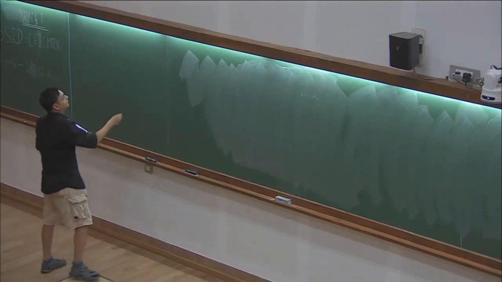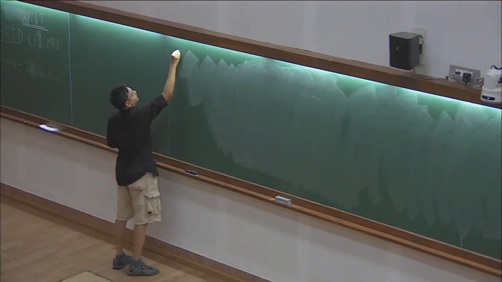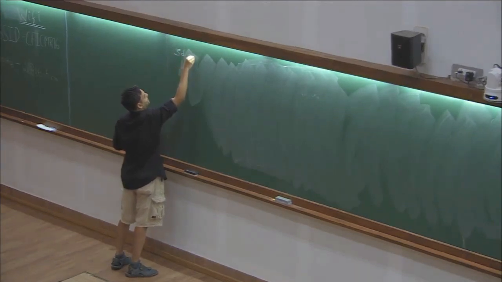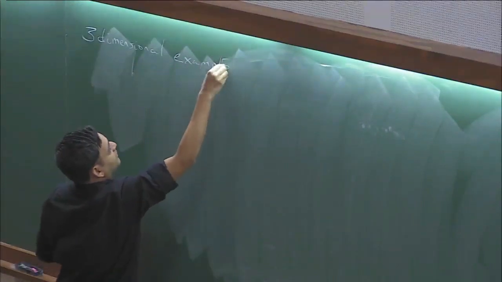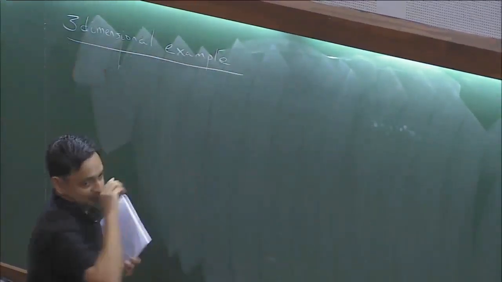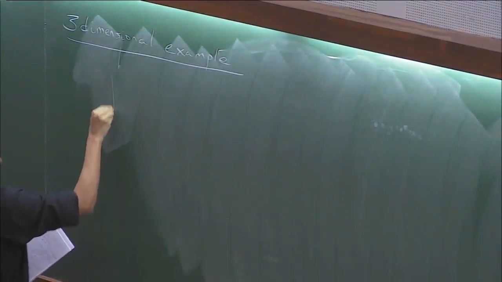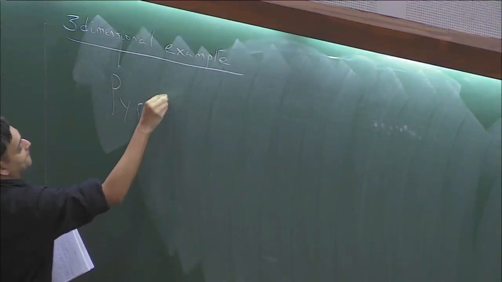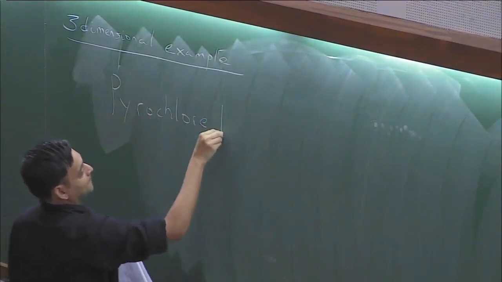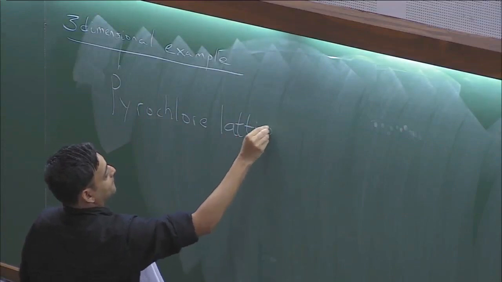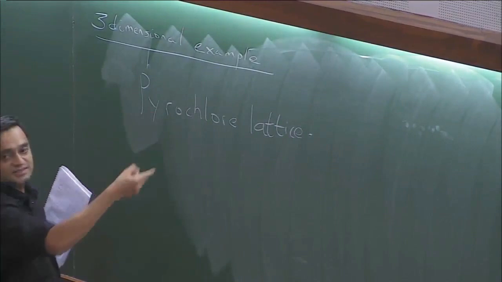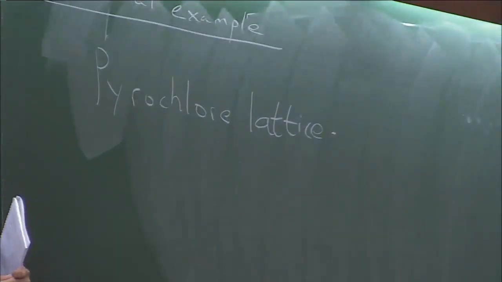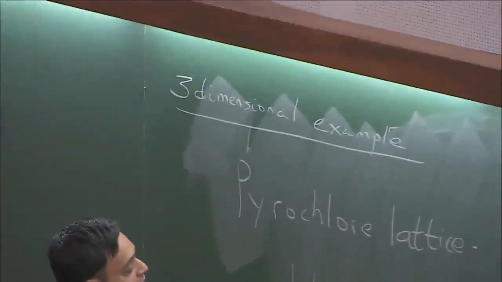The other very well-known example of a three-dimensional lattice on which there are many materials which have this sort of physics is the pyrochlore lattice. And this is the lattice that's involved when you think about the physics of the magnetic ions in materials like holmium titanium.